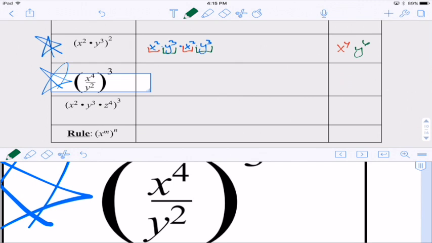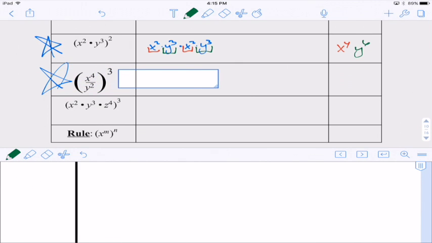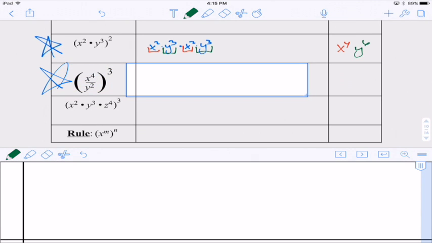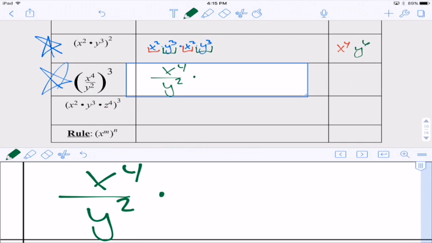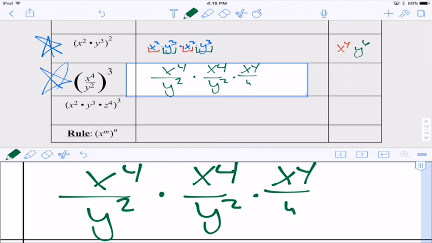Then we're going to raise everything to the 3rd power this time, everything in those parentheses. So that means we have x to the 4th over y squared times x to the 4th over y squared times x to the 4th over y squared.